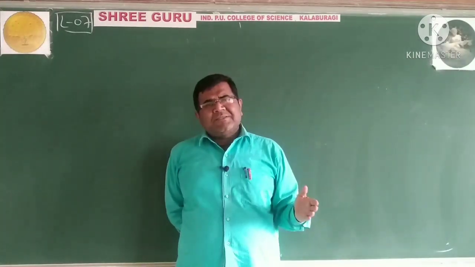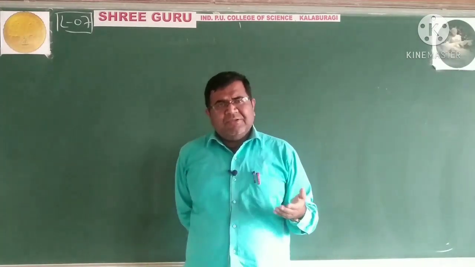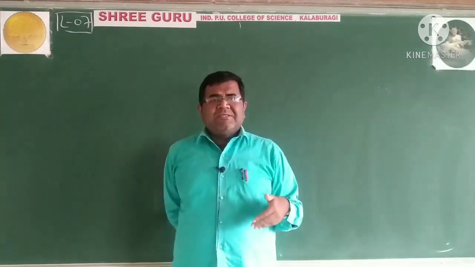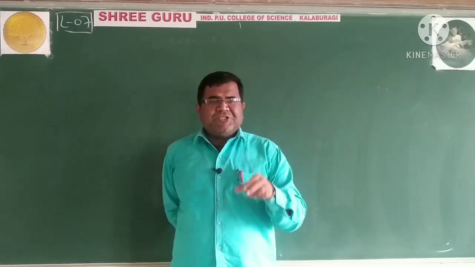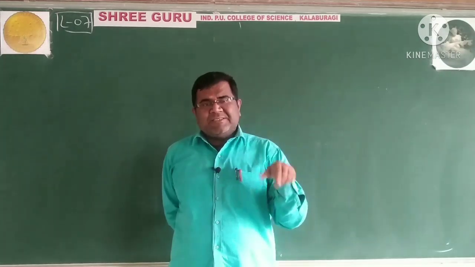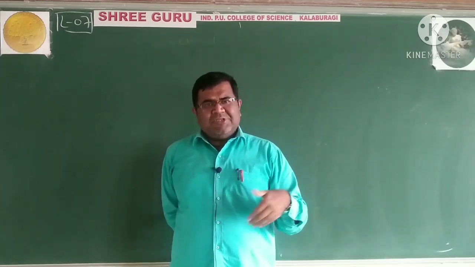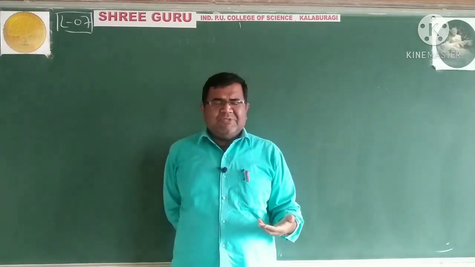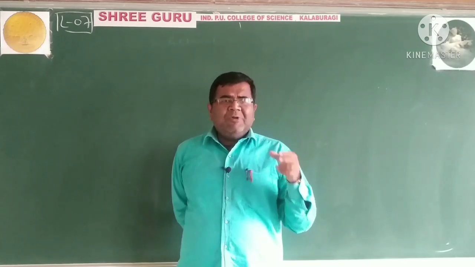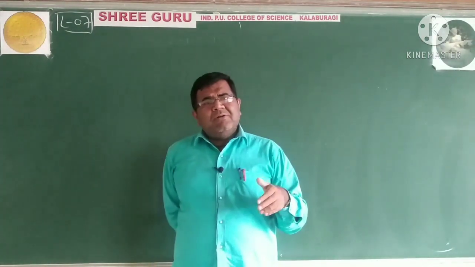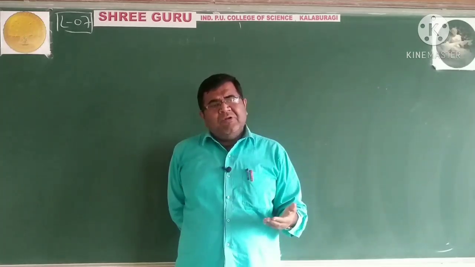Then another one is we arrange first layer A and the second layer in the depressions of the spheres, the voids which are created by the first layer. And when we arrange like that, we have 2 options now. 2 types.